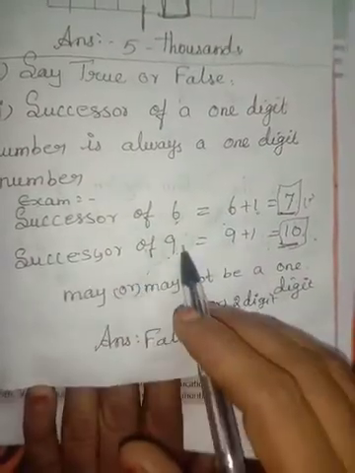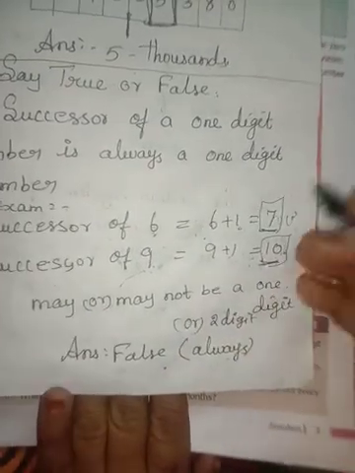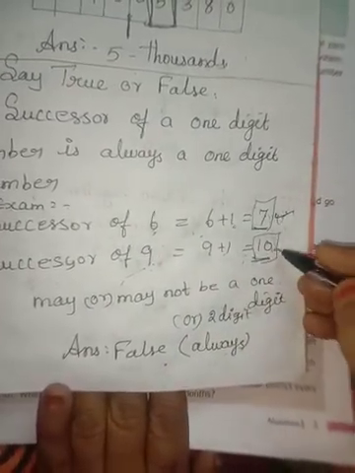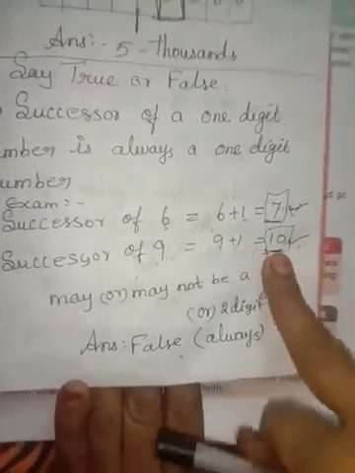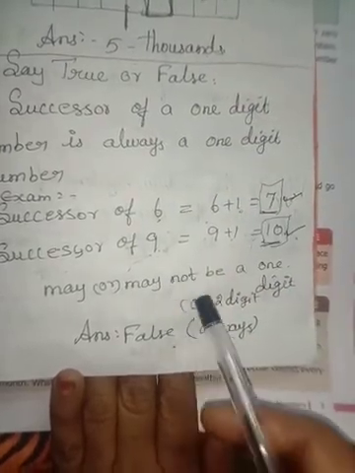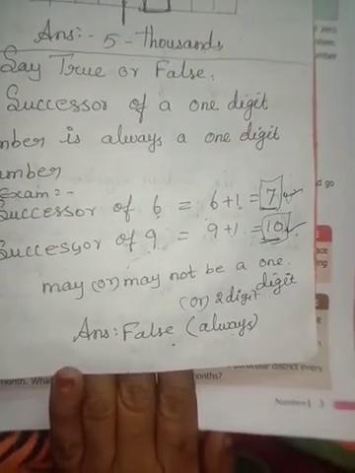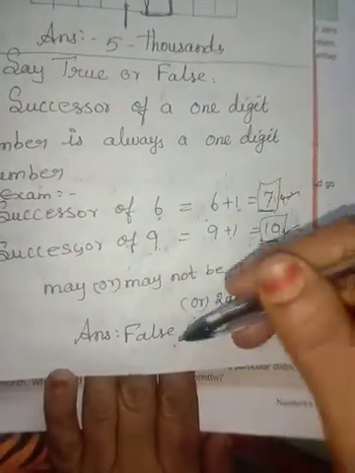The successor of 9 is 9 plus 1 is equal to 10. Look at the answers here. Here I have a 1 digit value, and here a 2 digit value. From this we can say that the successor of a 1 digit number may or may not be a 1 digit number. That's why we can say that the statement is false.